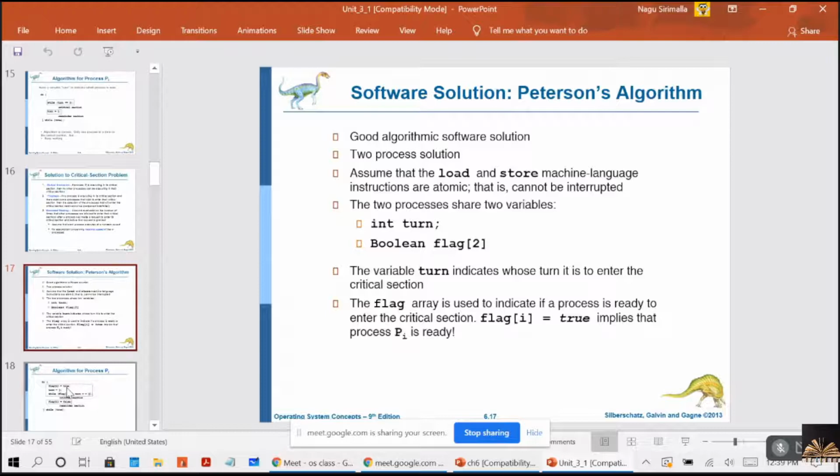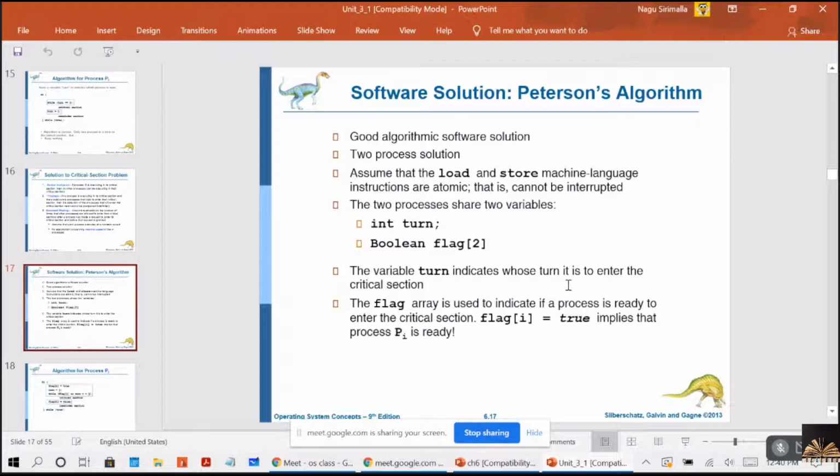And here we'll be using two variables, which the two processes share. One is the turn variable, which is of integer type. The other one is the flag variable, which is of Boolean type, meaning true or false. Now, the variable turn indicates whose turn it is to enter the critical section.